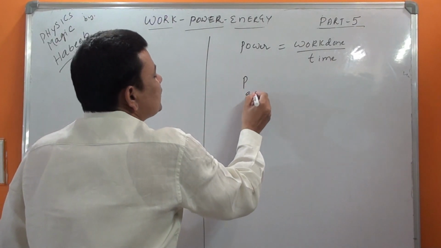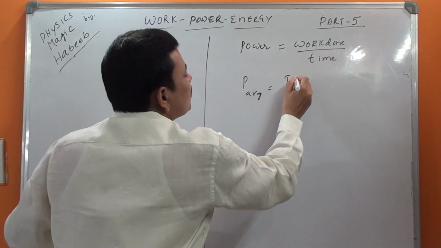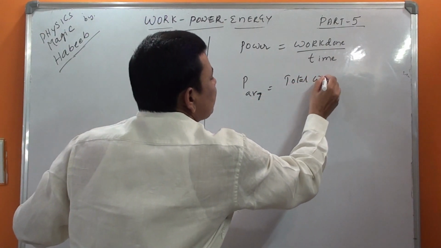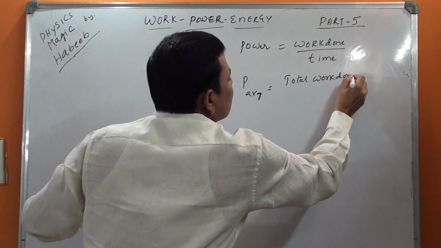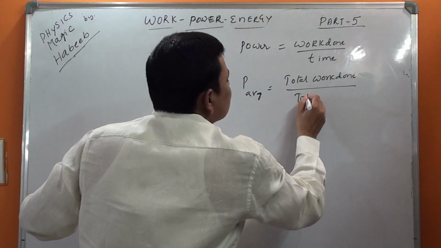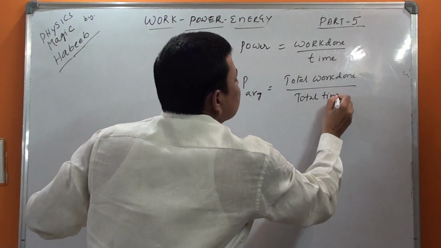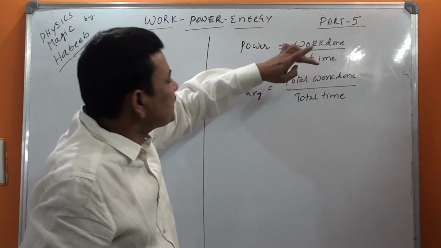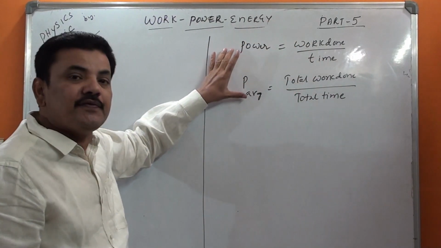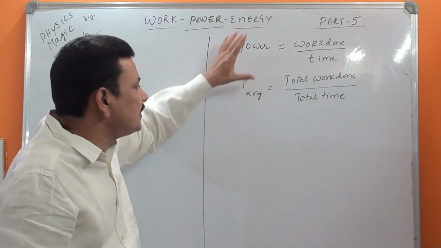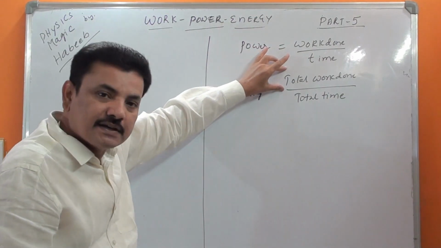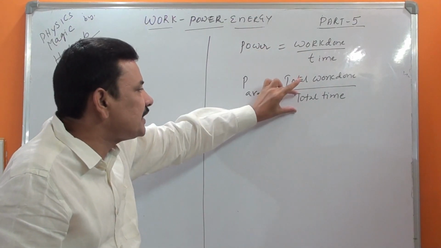So P average is equal to total work done by total time. That's it. Work done by time only. If anyone is asking you to calculate average power, find out the total work done and find out the total time.